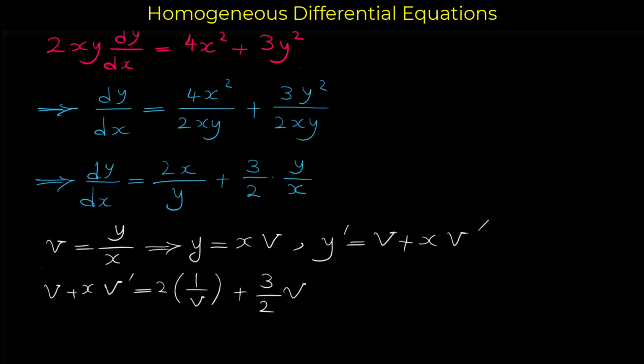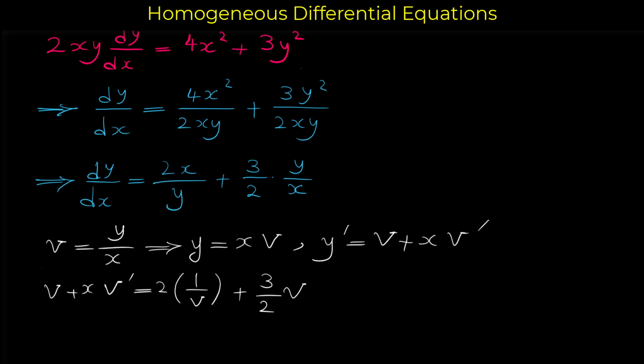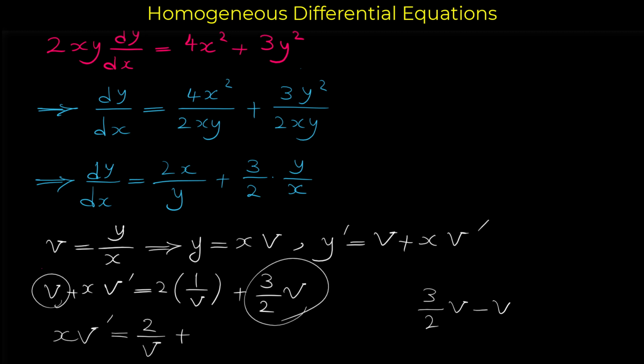So with this substitution, we get to this differential equation. Now here, if we move this v to the other side of the equation to simplify, we have x v prime on the left side equals 2 over v plus 3 over 2v minus this v.